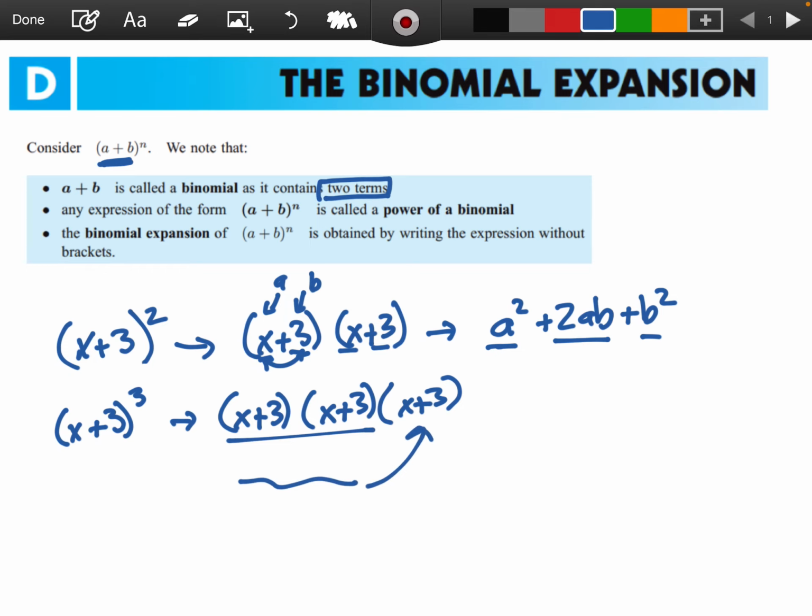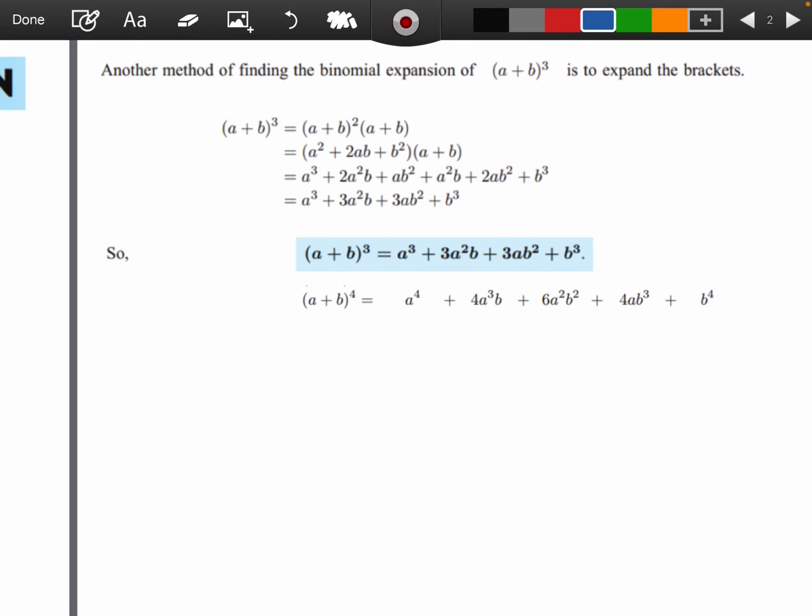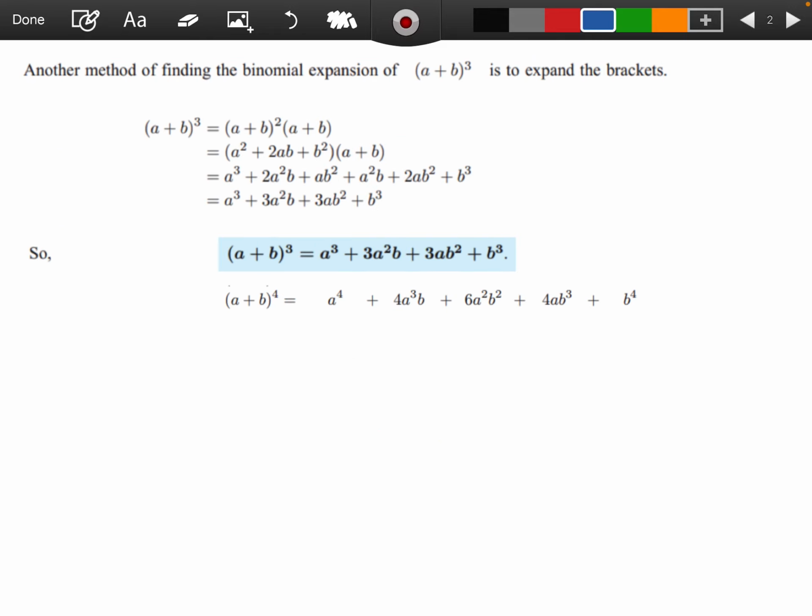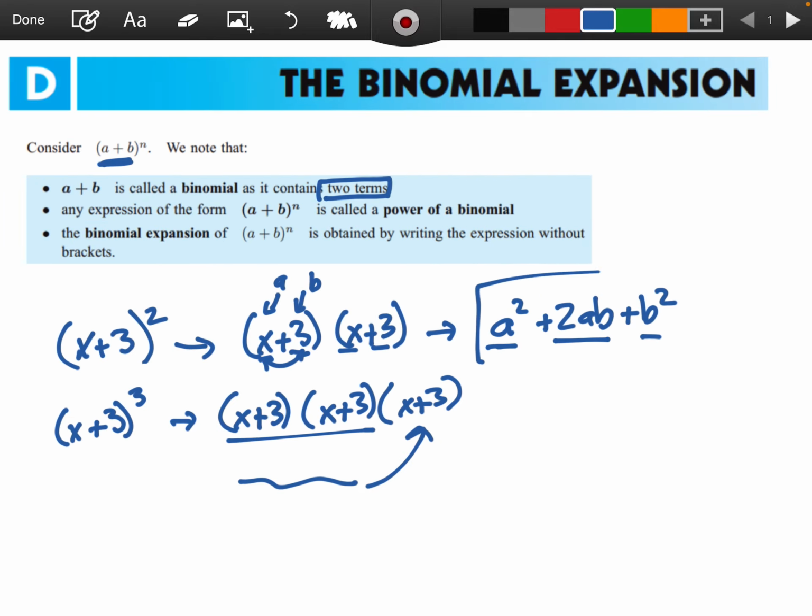So that's another form of binomial expansion. Basically, we're multiplying out a single set of brackets that has two terms to a given power. There is a shortcut for when it is to the power of 2 that some of you may have memorized or understand already.